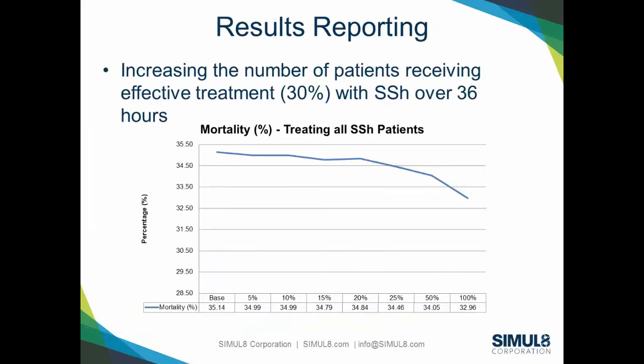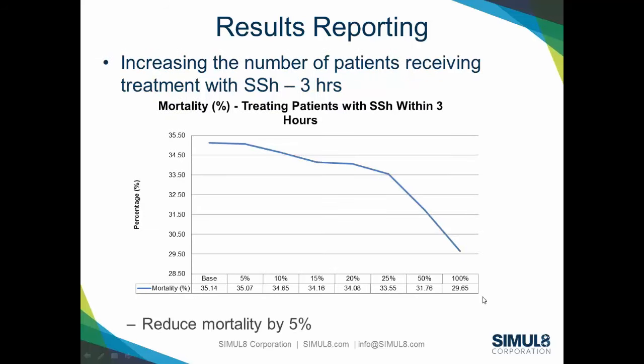And here are our results. If you increase the number of patients who are receiving treatment, so what we're looking at is that 30% who are not effectively treated, who have septic shock over 36 hours, the graph is showing you that you can move from that 35% mortality base to around 33%.